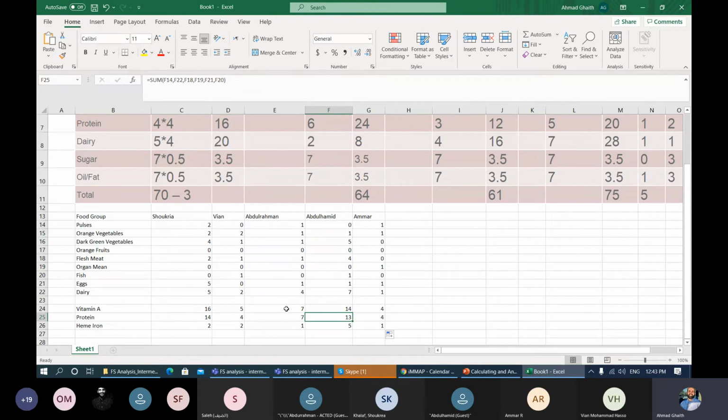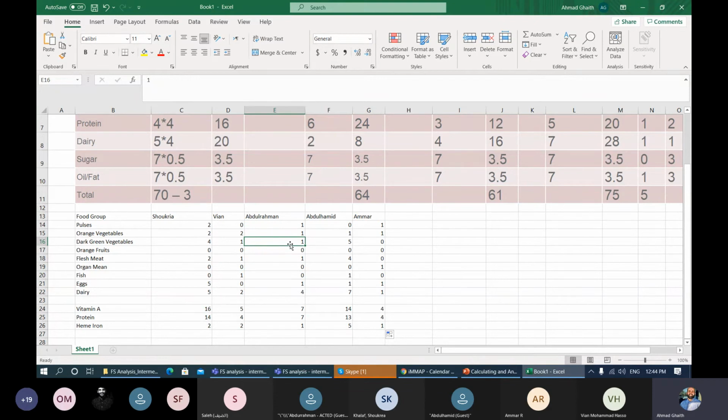And if we have 7 days of consumption, but he's not able to get fish or organ meat, or he didn't have access to dark green vegetables, one household might not tell us a lot, but on the whole, this could tell us something about access.